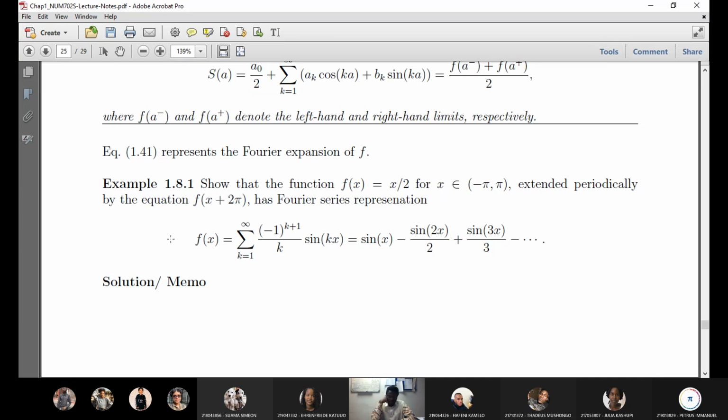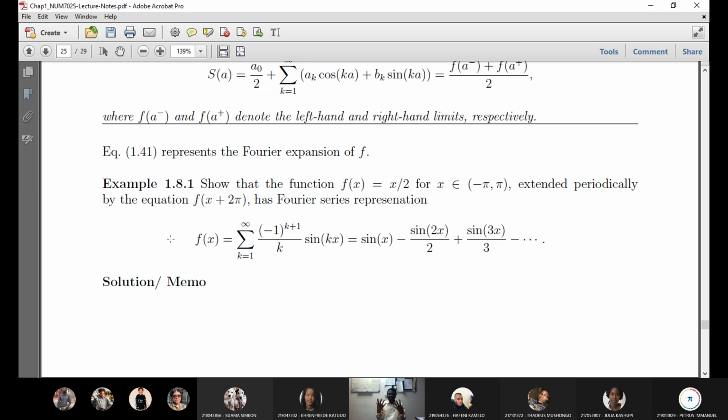Now, if you look at that function, the way the function is defined, in itself, the function is not periodic, but we extend it periodically to make it periodic, right? Because we are dealing with periodic functions. So we are given a portion of the function in the interval negative pi to pi. It can be anything.